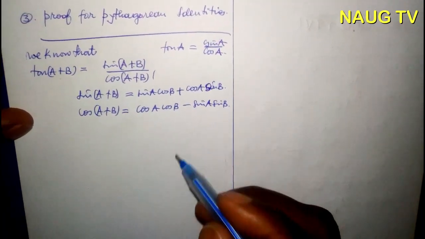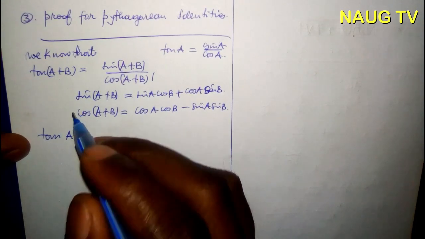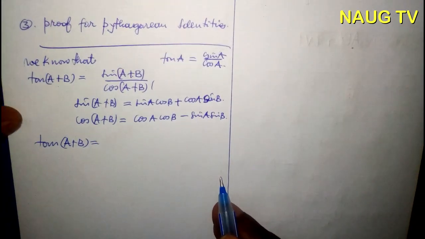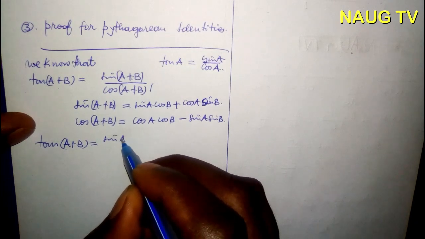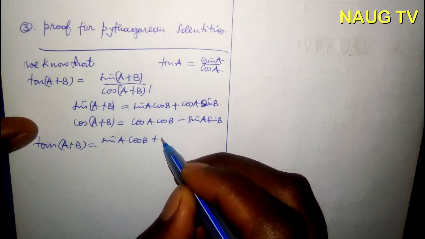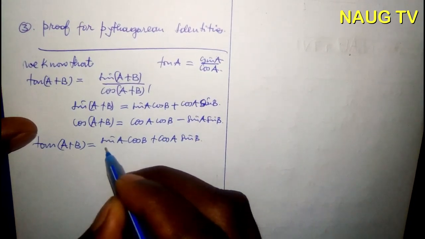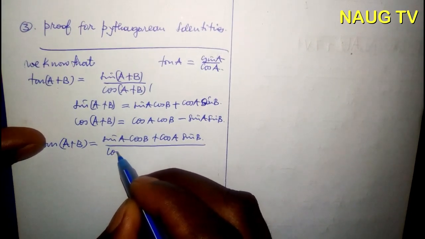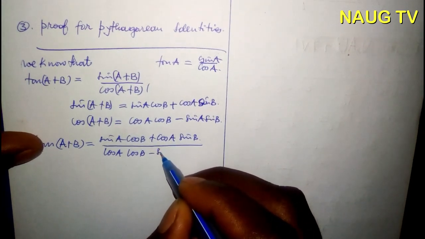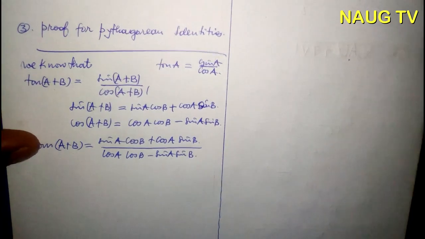So replace these values in this formula so that tan of A plus B will be equal to sine A cosine B plus cosine A sine B over cosine of A cosine of B negative sine of A sine of B, right?